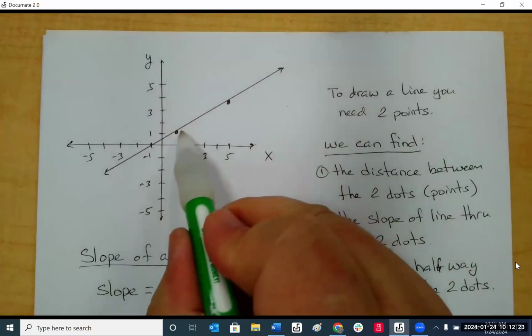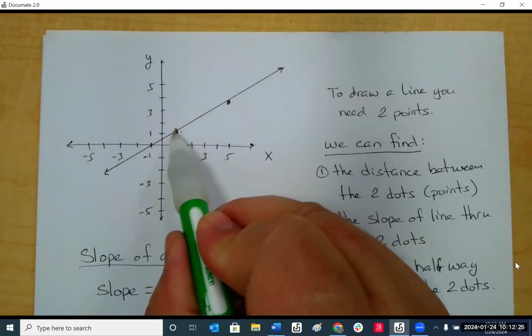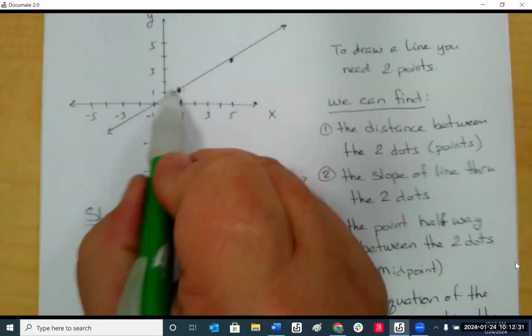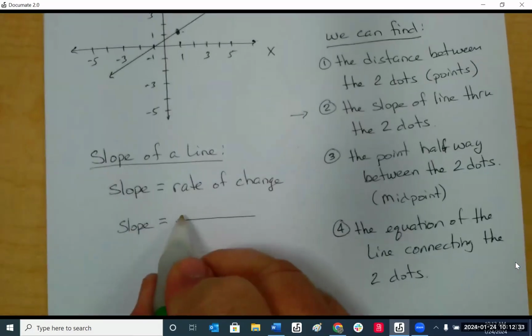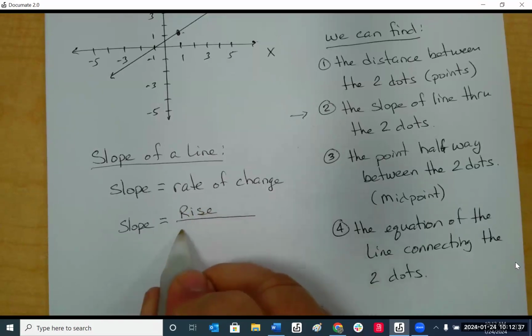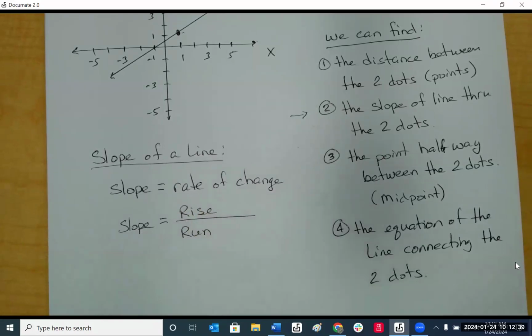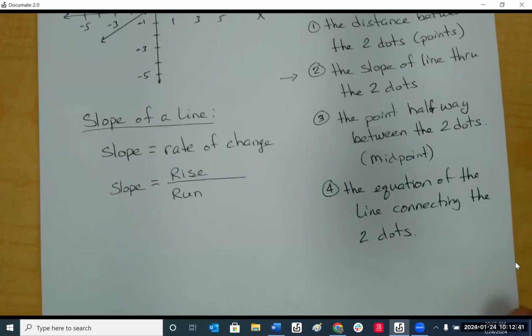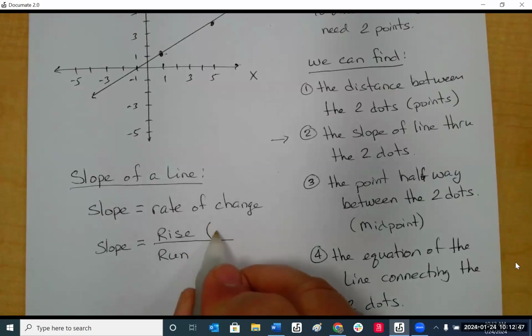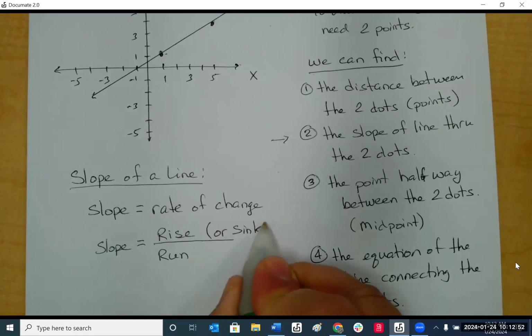Remember, the slope is going from this point to that point. The way slope works is rise over run. Is it always rise? No. I like to always include sink.